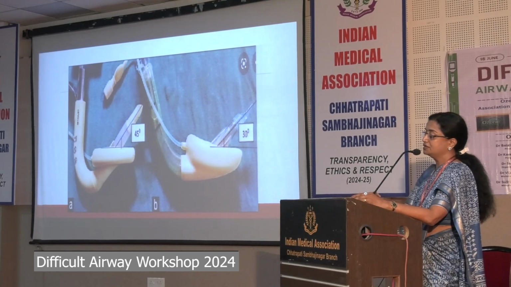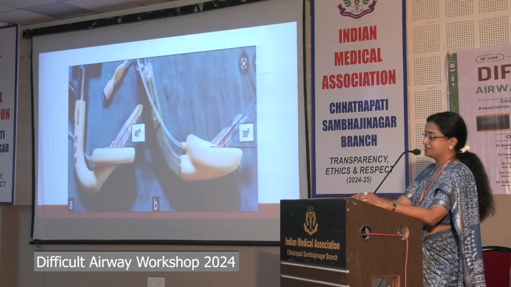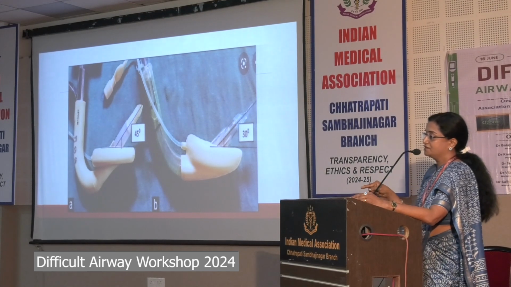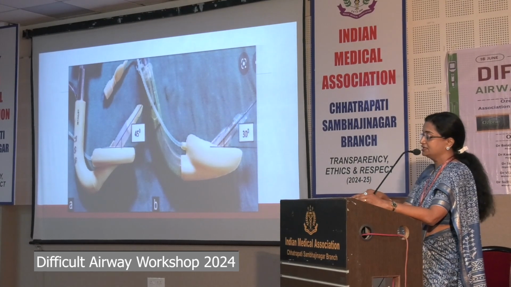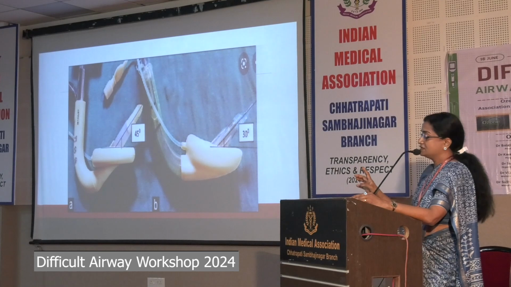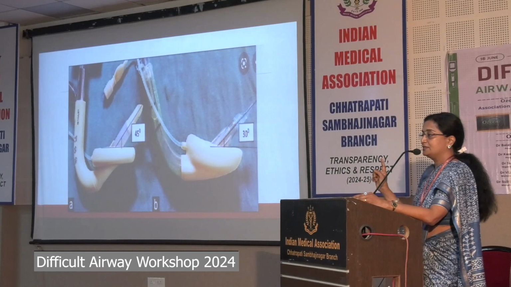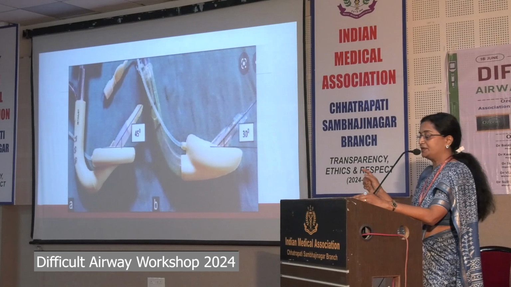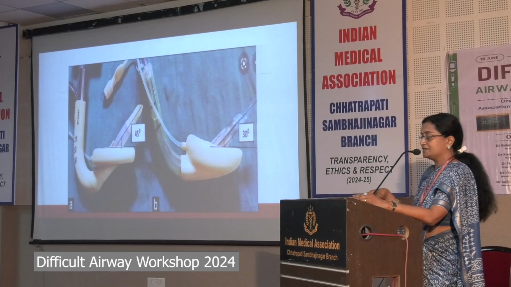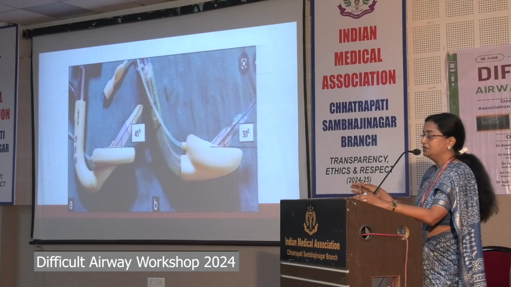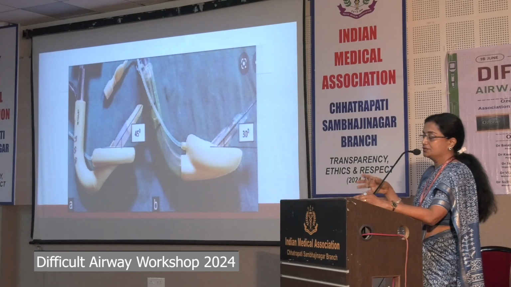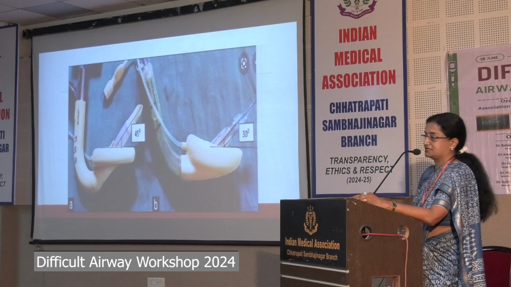Also the tube coming out of the Fast Track is at an angle of 45 degrees, whereas in the Blockbuster, the tube comes out at 30 degrees. The Blockbuster has a Parker tip which allows it to slide easily into the trachea and gives almost 99% success rate.